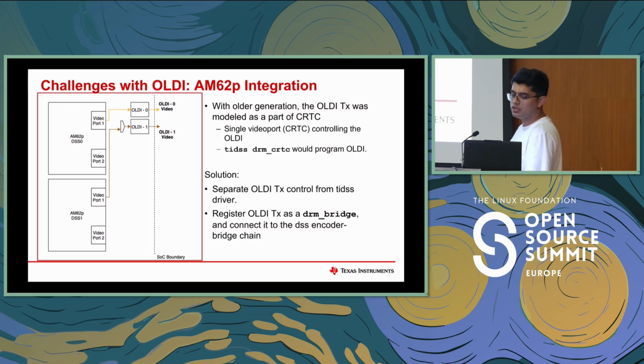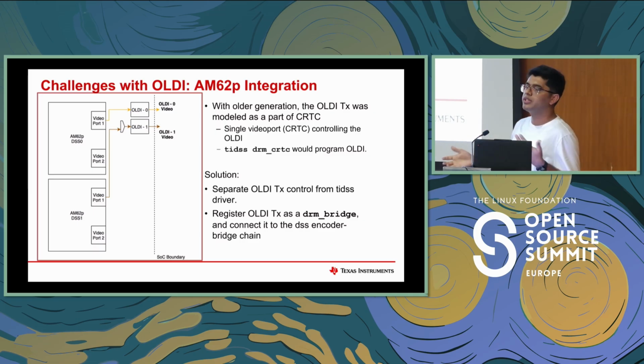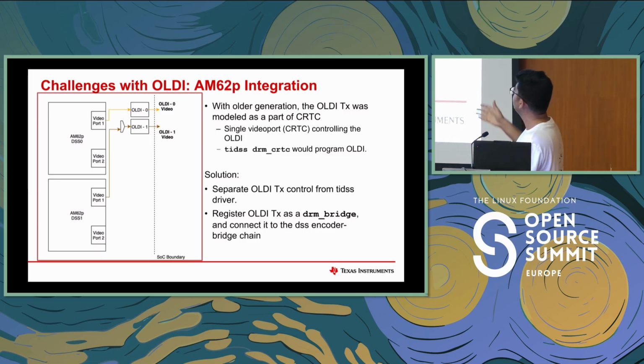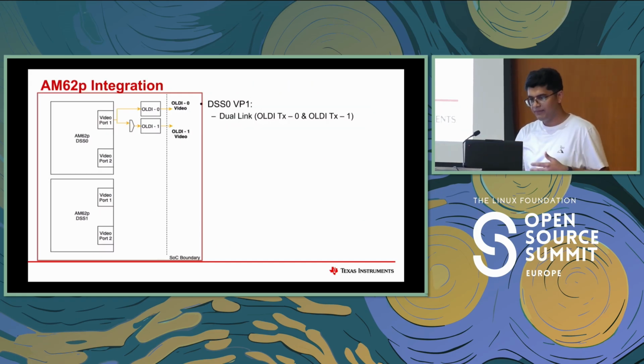So the solution was that we had to separate out all the OLDI transmitter bits, and we decided that we'd register the OLDI transmitter as a different bridge itself, as a DRM bridge, and that would allow the OLDI to be acting completely independently, and we would have the flexibility to control which video source we wanted to use.